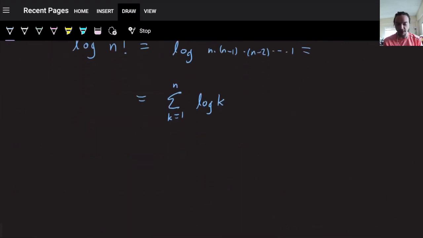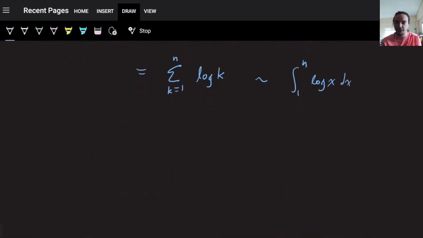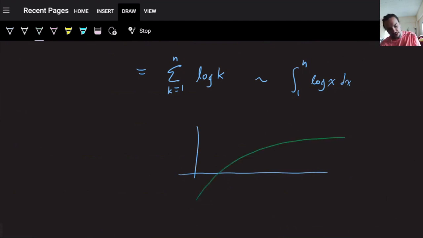And then this guy right here is nearly equal to the integral of log from 1 to n. Okay, that's sort of a tricky statement to say. How do I want to justify that? So let's look at the integral. This is the log function.